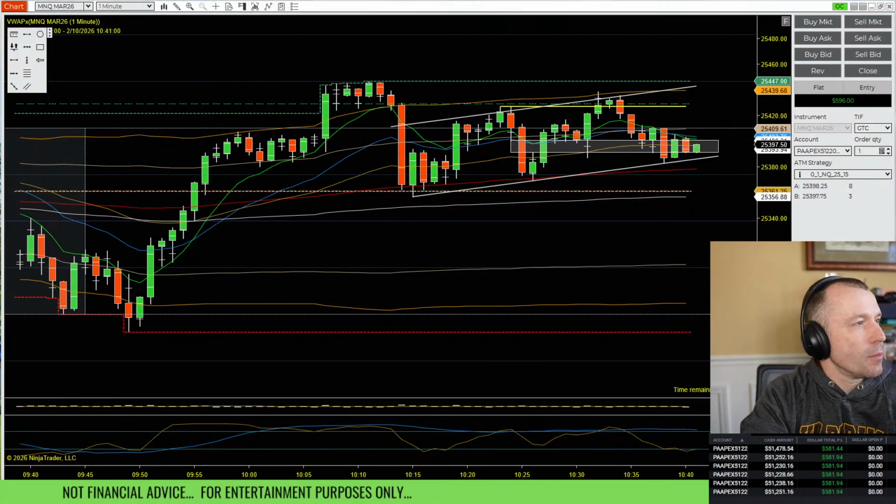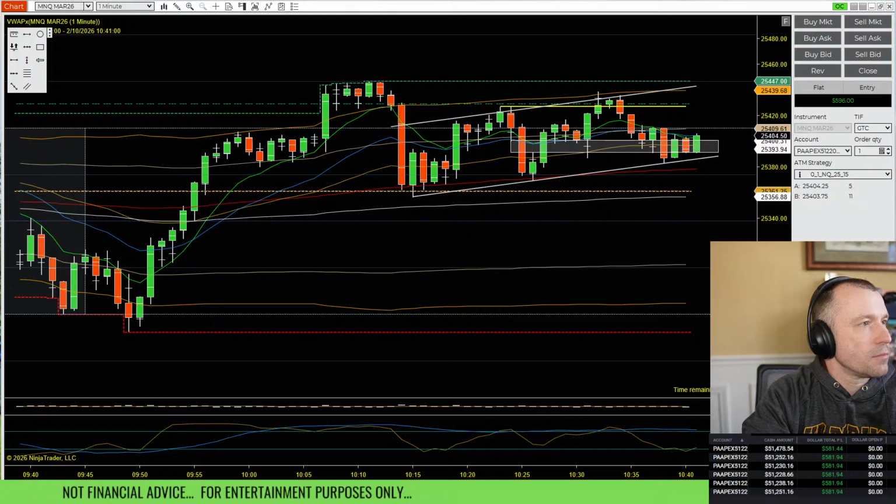Feels like a pretty low probability area overall. We got 20 minutes left on the hourly candle, which is kind of like a doji candle at the moment.